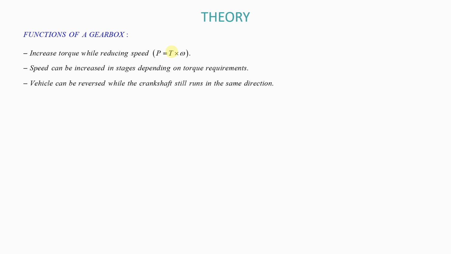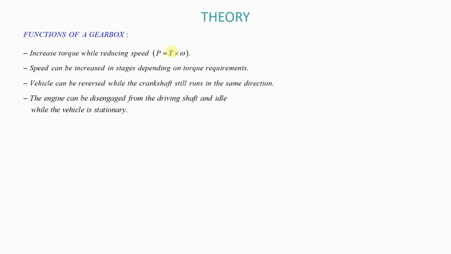Okay, and then another function of a gearbox that I can give you is that you can engage or disengage the engine. If the shaft from the engine was directly connected to the wheels, then of course as soon as you turn on the engine, the wheels will begin to move. And so for you to stop the wheels from moving, you will have to turn off the engine.